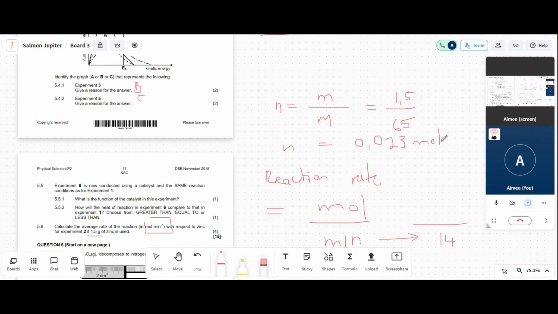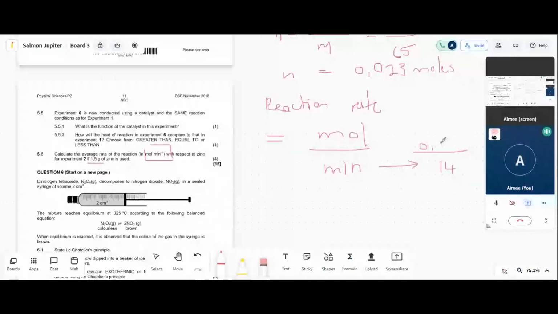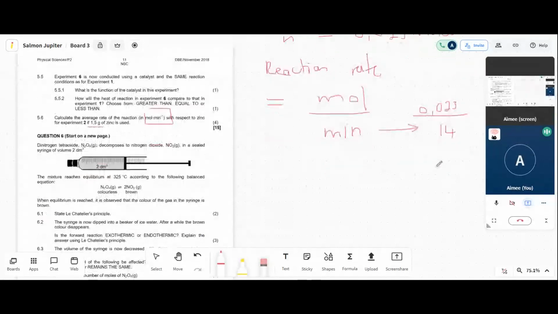So now we can plug that value in here, 0.023, because remember it's moles over minutes. You divide those two, so you take your 0.023, you divide it by 14, and what are you left with? You're left with a reaction rate of 0.0016 moles per minute. And that's your answer.